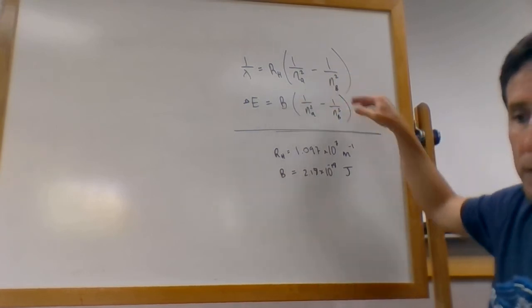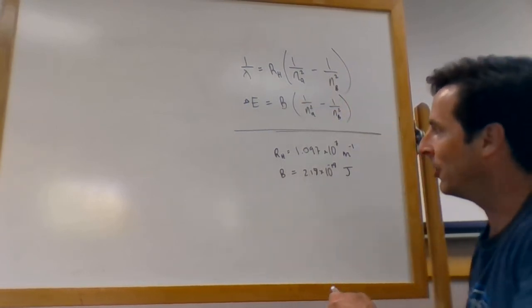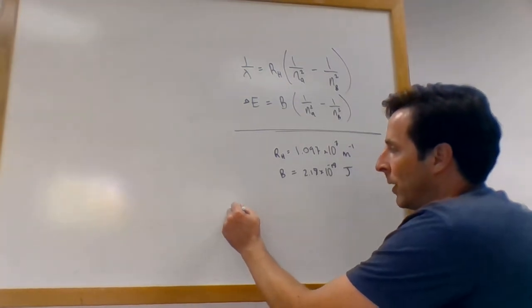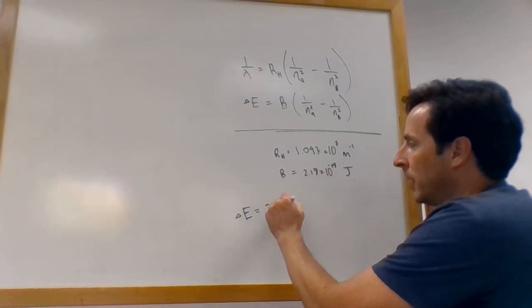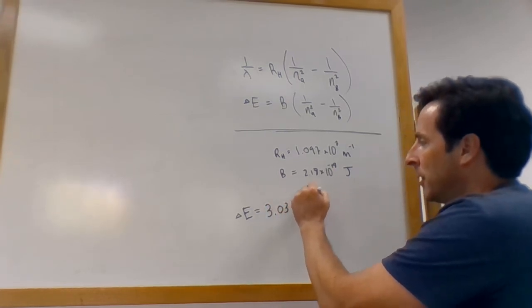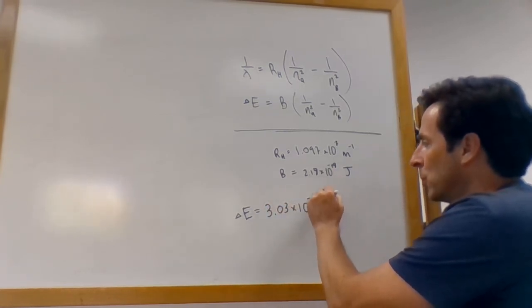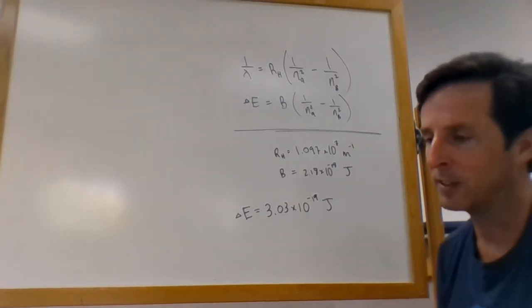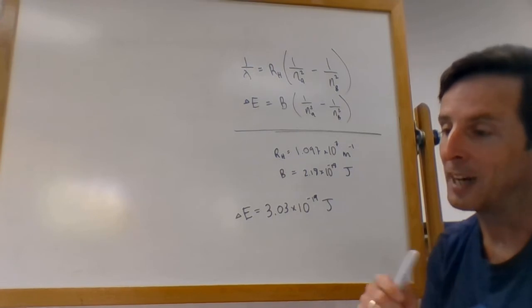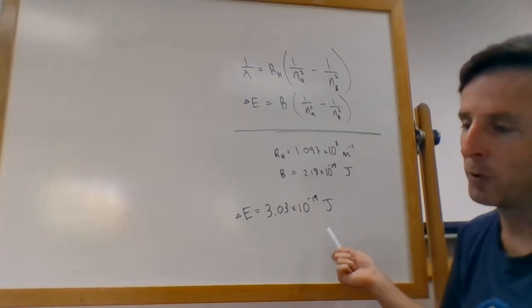If you plug that in your calculator, I got that the energy, whether you call it E or delta E, is going to be 3.03 times 10 to the minus 19 joules. Okay, so the first part of the question, that's the answer. Actually, no, that's not the answer. That's the energy of 1 photon.